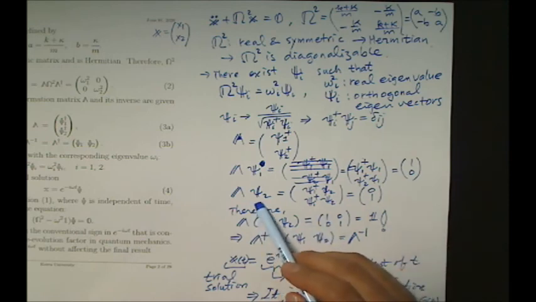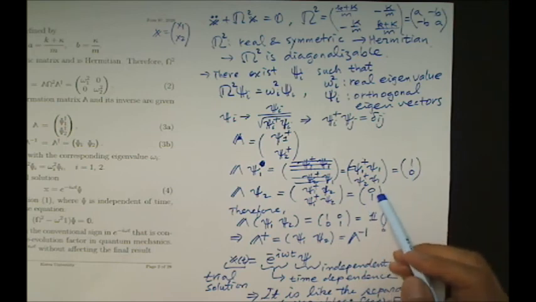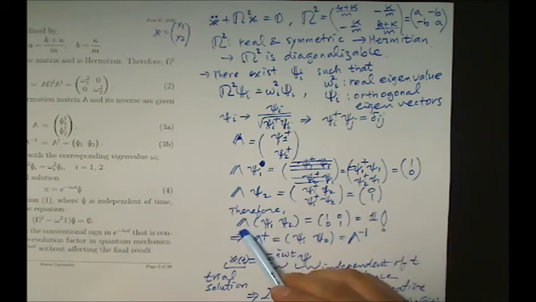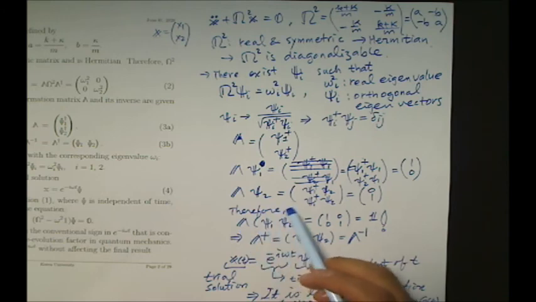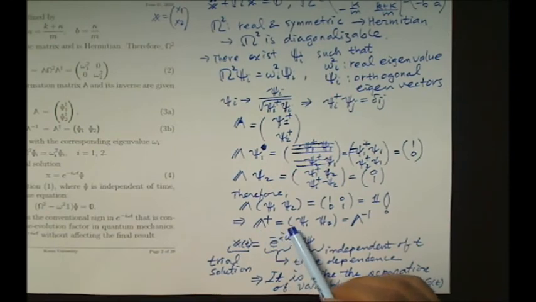If I multiply psi 2, the second eigenvector, then the first element vanishes and the second element survives. And combining these two pieces, for example, we have lambda and a matrix consisting of two column vectors as eigenvectors, then it becomes identity. Right?